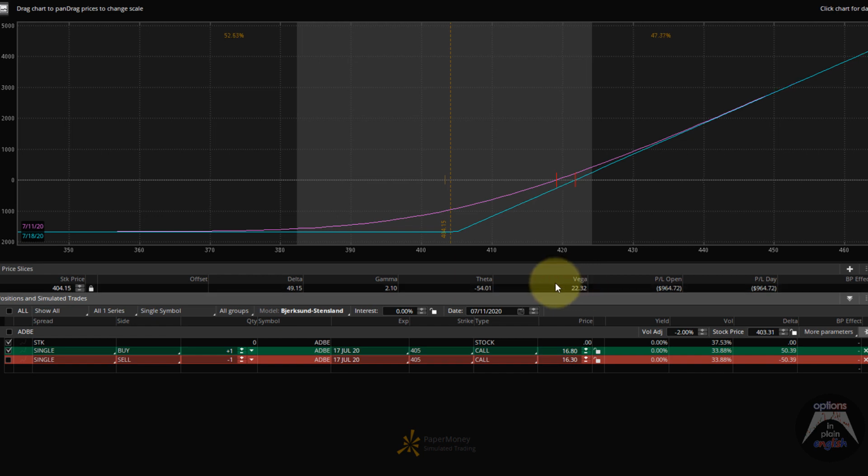Okay, so this is what happens when you start looking at Vega and how implied volatility affects your positions. Now, the reason why we looked at Vega as the last Greek doesn't mean that it's not important. It's just as important as the other three. Depending on the environment, it might be the most important. If implied volatility is not changing a lot, of course, Vega is not that important.